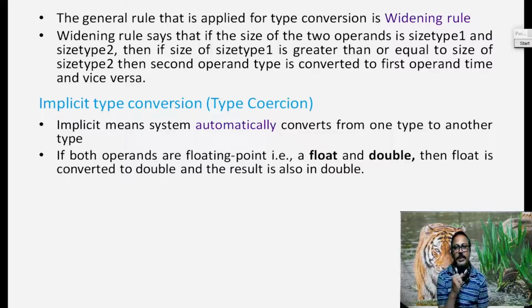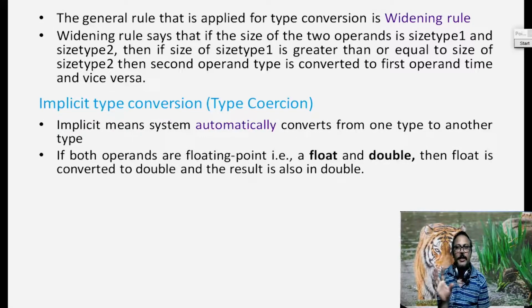Suppose you take integer and double. The integer occupies 4 bytes, whereas double occupies 8 bytes. If you have two operands, one of type integer and the other of type double, the widening rule says convert the integer to double. So please remember that rule.